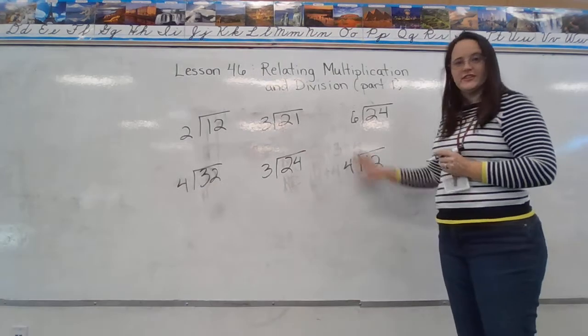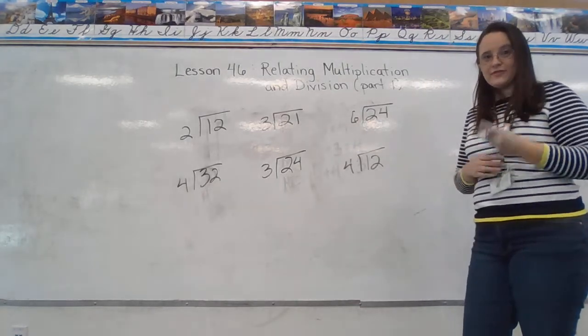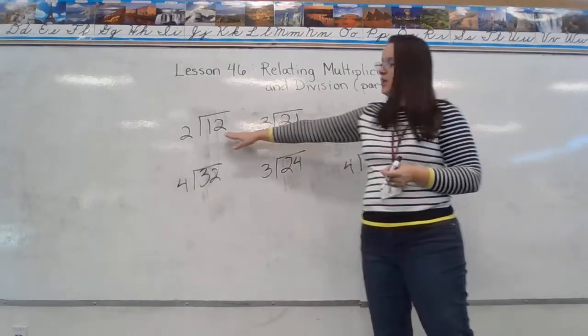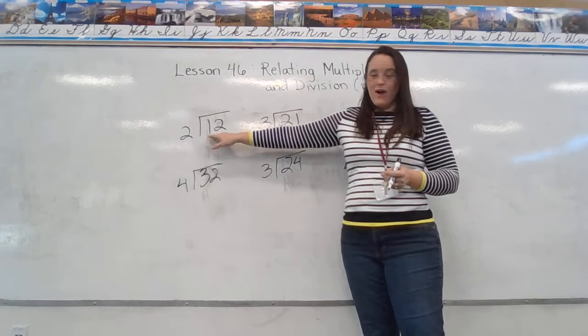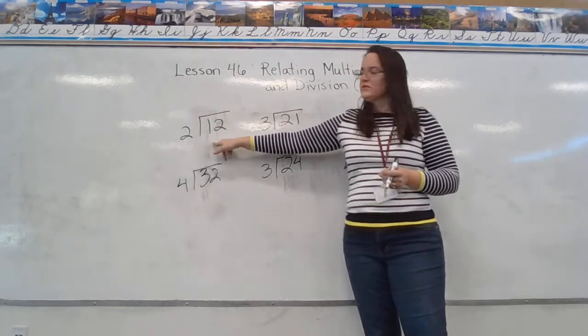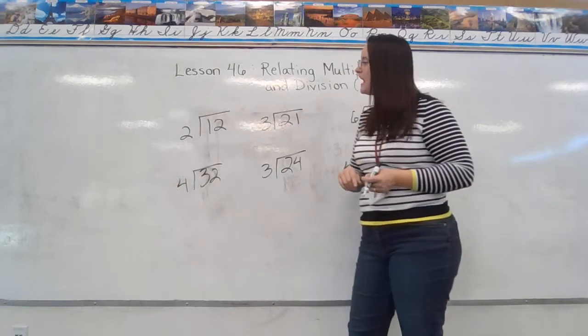First, this is written a little bit differently. We've talked before about the 3 different ways to write a division problem. We can put the dividend in the house, this little thing, I call it a house, and then the divisor goes here and the quotient, our answer, goes on the top.